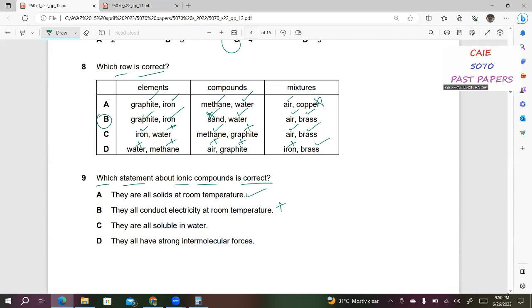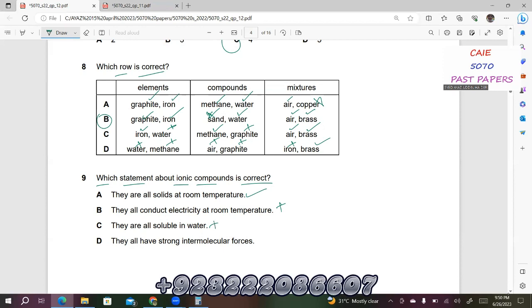C, they are all soluble in water. This is wrong because most of them are soluble, not all. If you want, I can give some examples. You have insoluble sulfates like barium sulfate. It's an ionic compound.